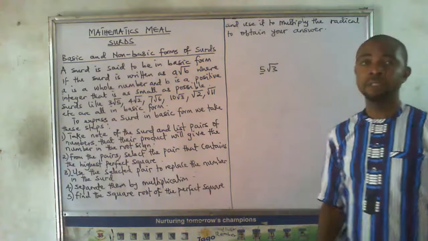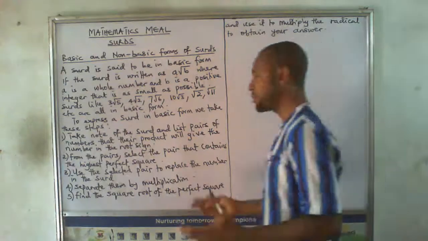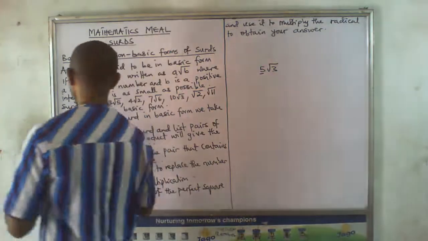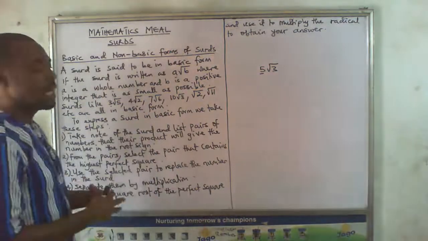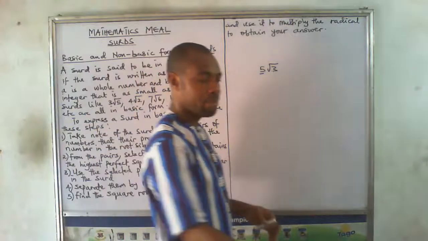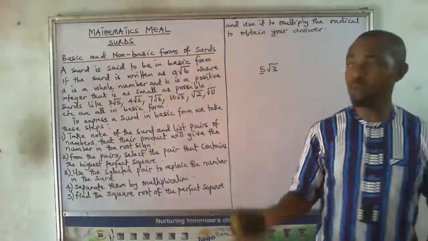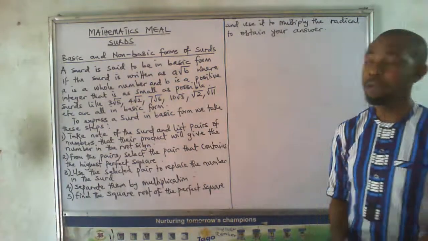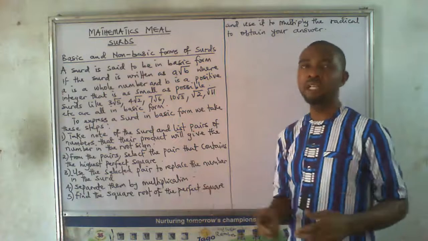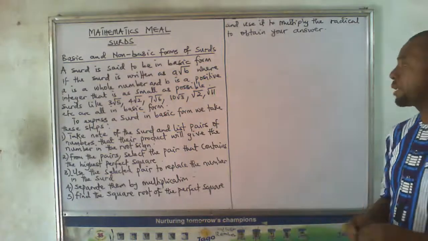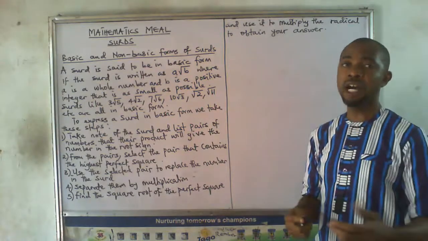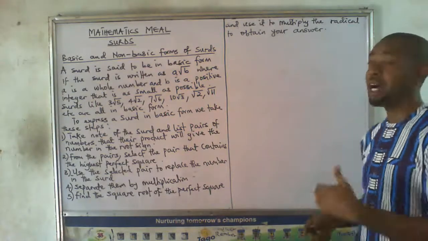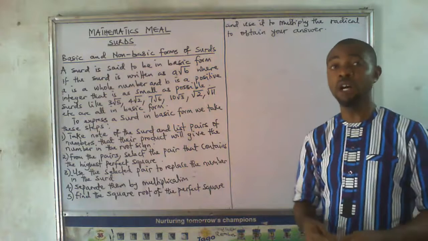All right. Now, let's look at the steps. How can we express a surd in basic form? Because in mathematics, one of the reasons for failing mathematics is not knowing how. You must know what you are asked to do, and then you must know how to do it.